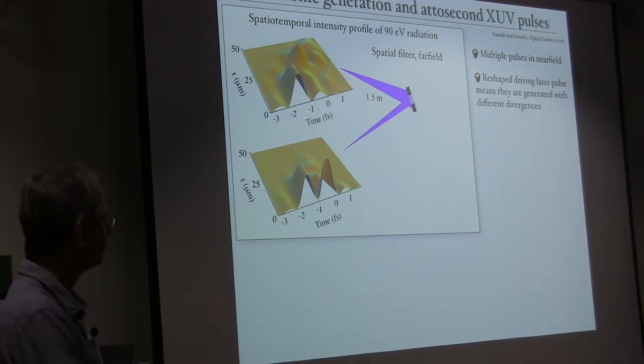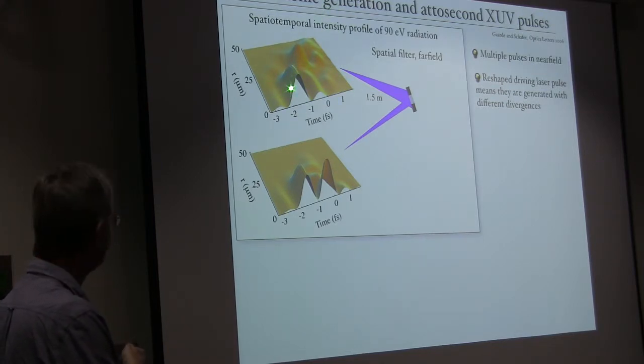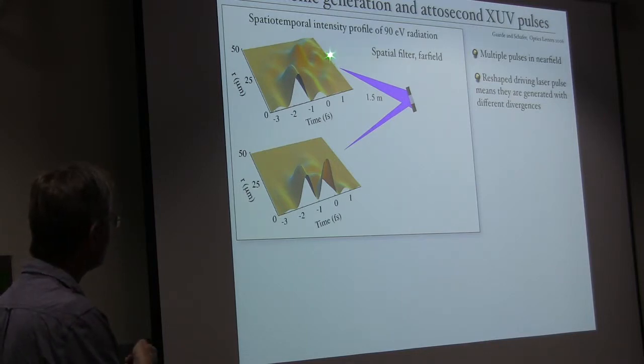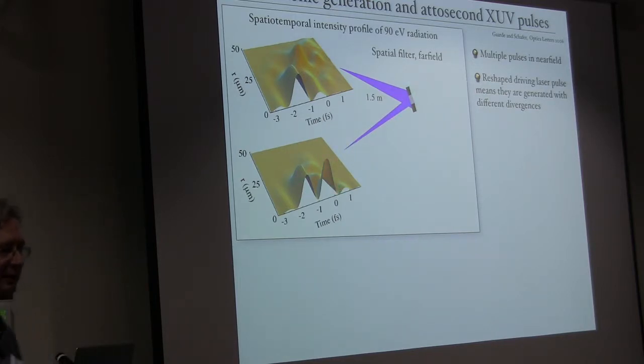So here is, for example, in our calculation, a very, very messy output with many different attosecond pulses in here, consistent with the fact that the experiment shouldn't work. If you propagate it out 1.5 meters, put it on exactly the kind of mirror that they used and refocus it, for instance, you get 2 single attosecond pulses.